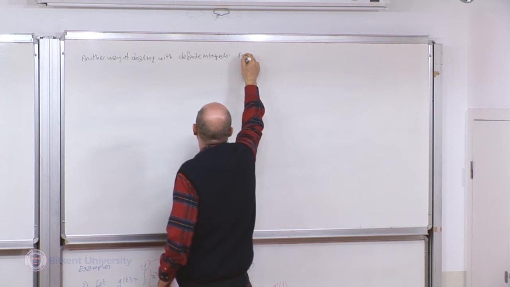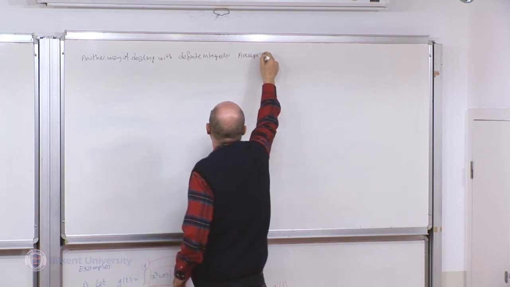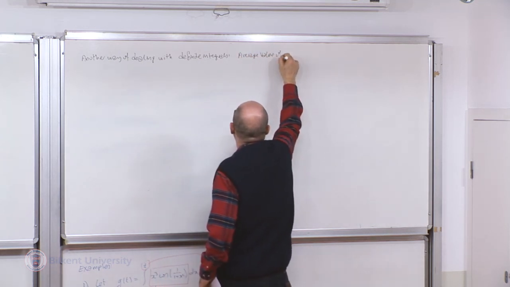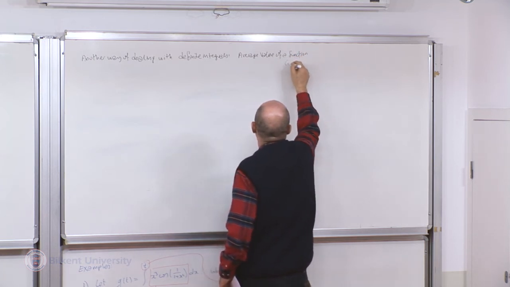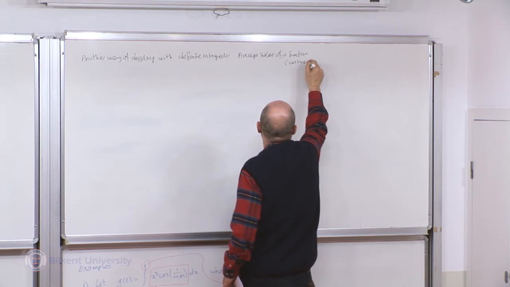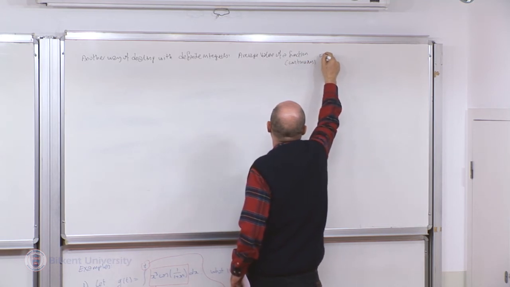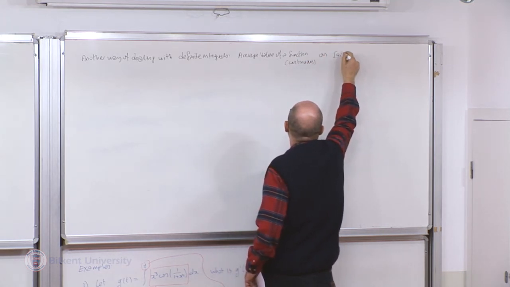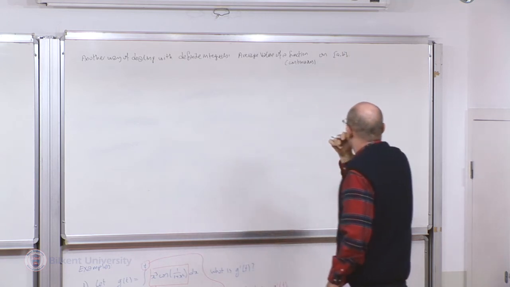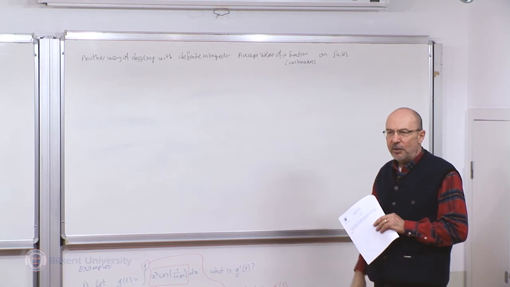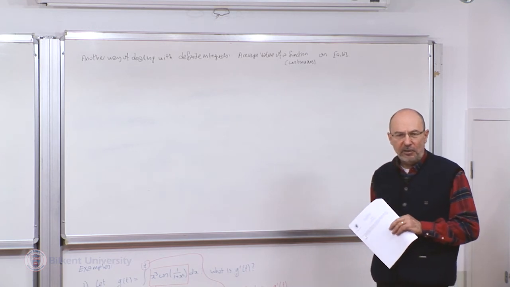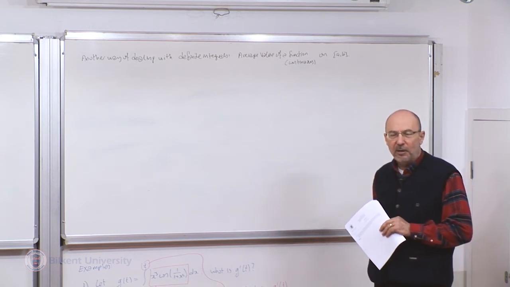Average value of a continuous function on [a, b]. Now, average generally means that you add n things and then divide by n.